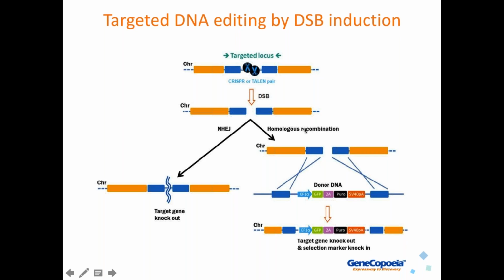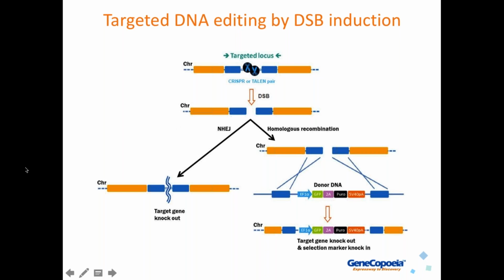On the other hand, in the absence of homology, and this is what often is the case in non-dividing cells, you have a process known as non-homologous end joining, which is simply sticking the broken ends of the chromosome back together. Now, compared with homologous recombination, which is a relatively error-free or low-error process, non-homologous end joining is a very highly error-prone process.